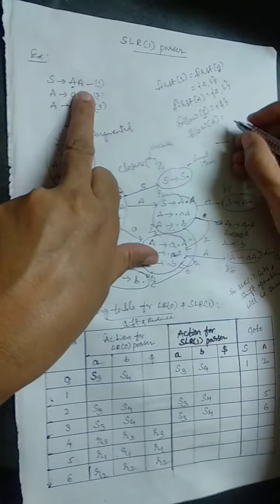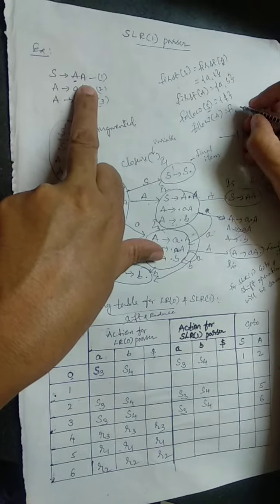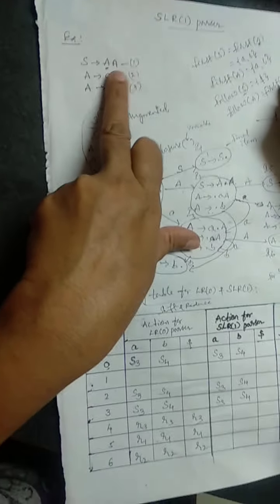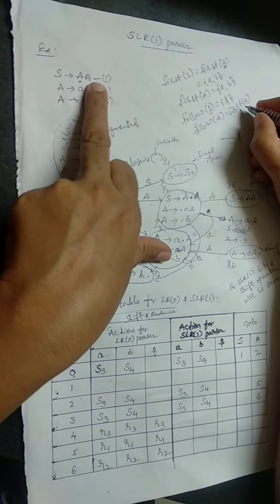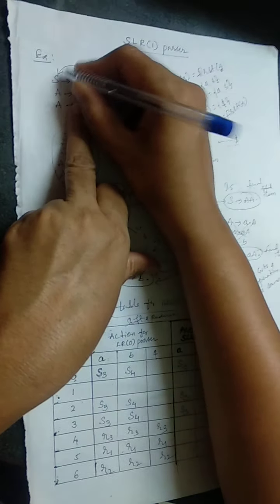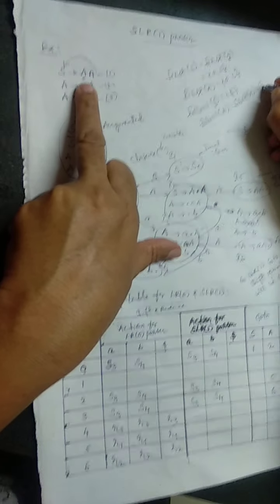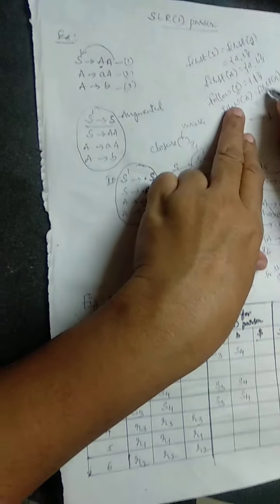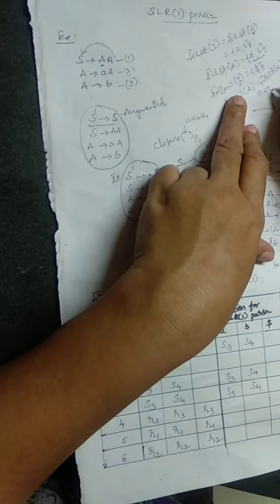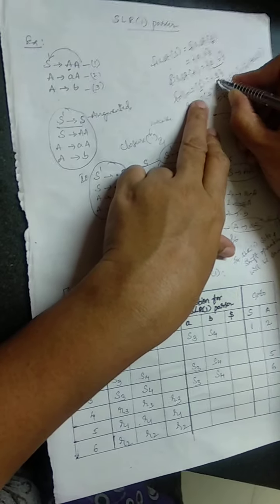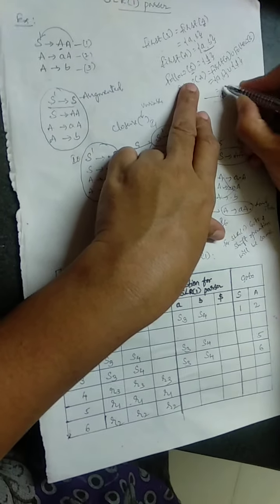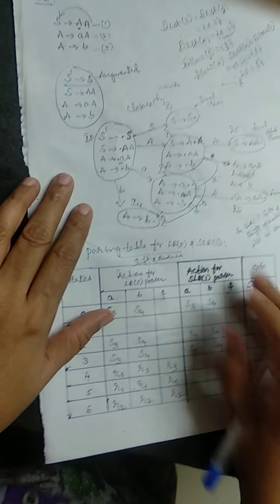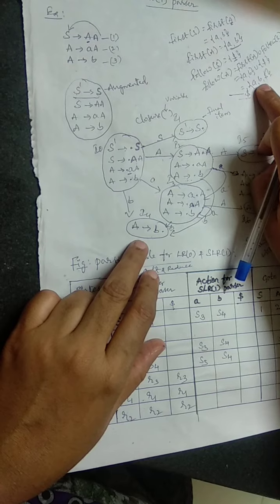Again A, so I am going to calculate first of A. Follow of A includes first of A. After this no symbol is present, so I should move on to the left side symbol, that is, union follow of S. First of A, as calculated, is a comma b, union follow of S, which is dollar. So follow of A is a comma b comma dollar.